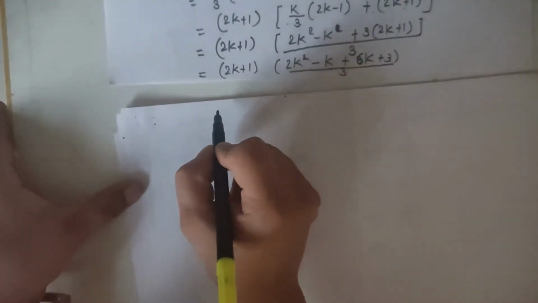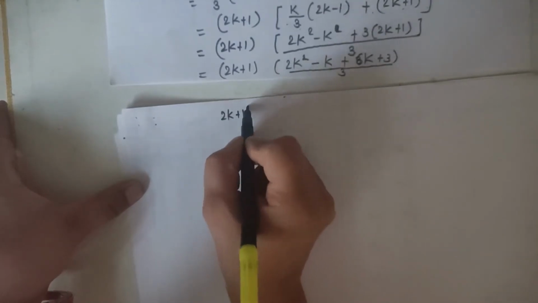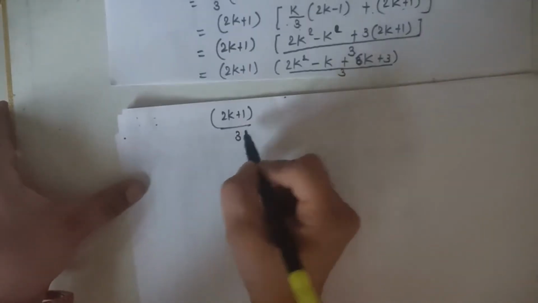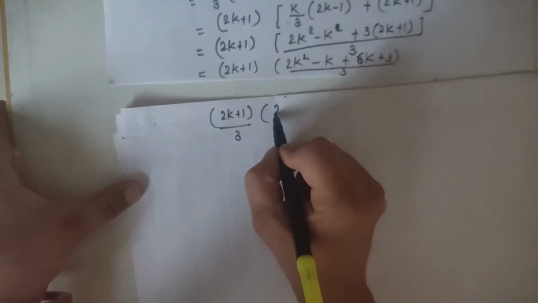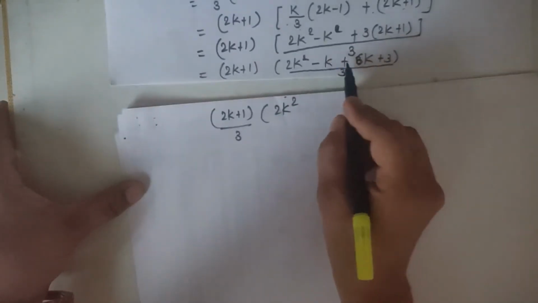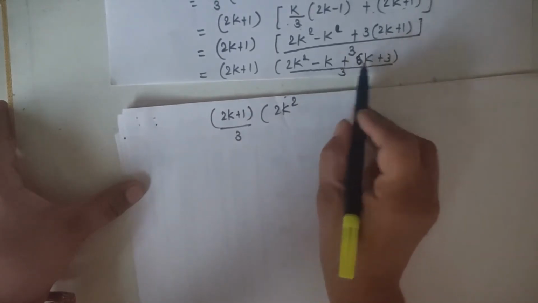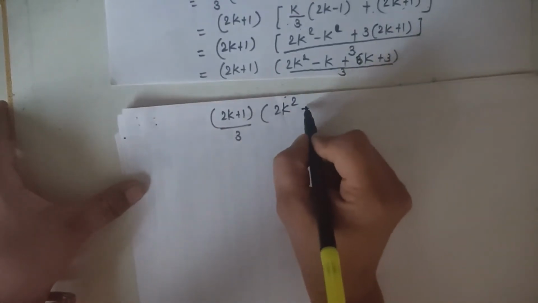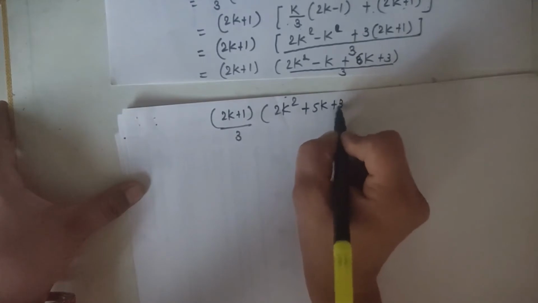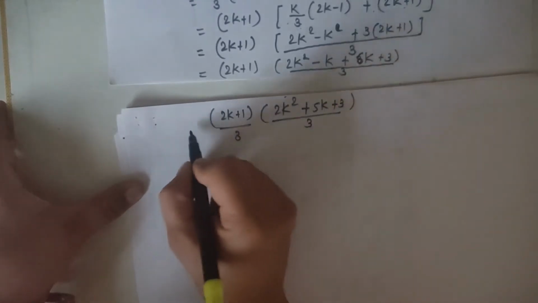So here (2k plus 1) upon 3 into (2k square minus k plus 6k plus 3). Calculating this, minus k plus 6k is plus 5k, so 2k square plus 5k plus 3 upon 3.